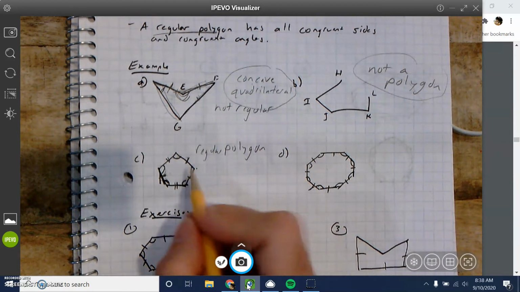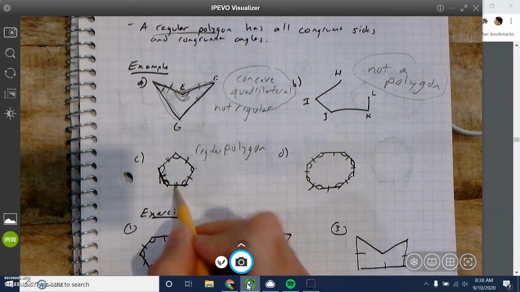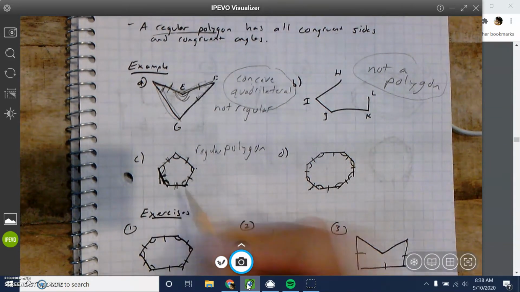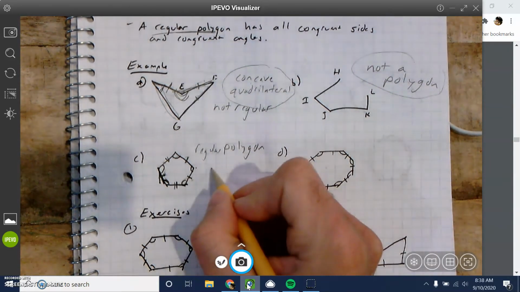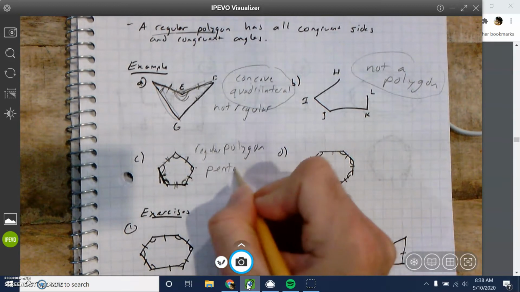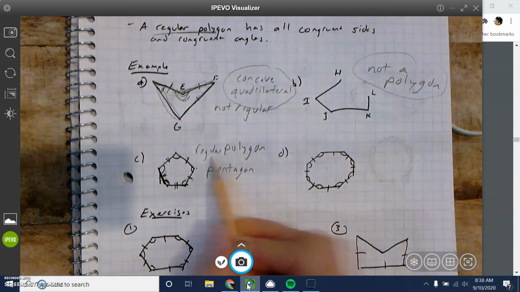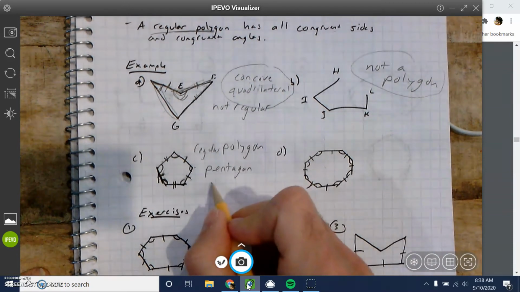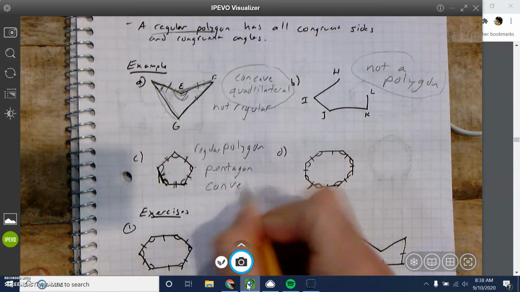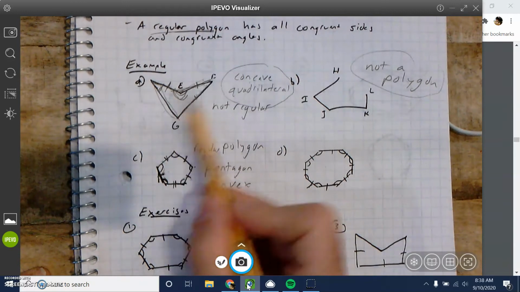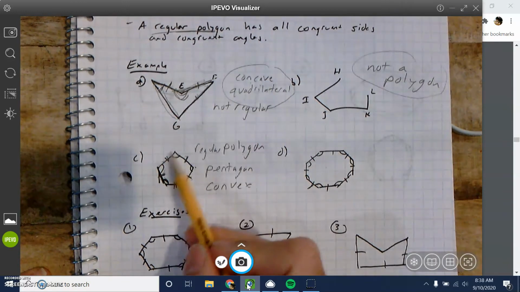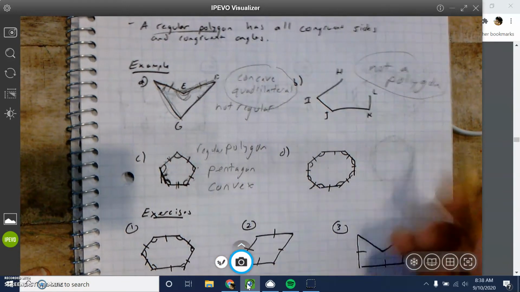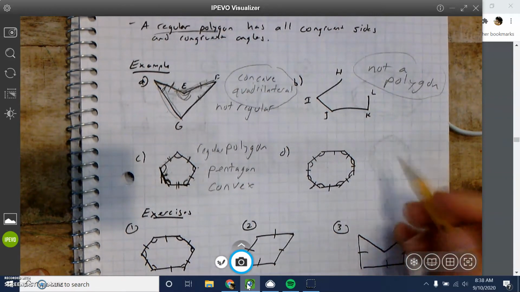What type of polygon is it? 1, 2, 3, 4, 5 sides. What's a 5-sided shape called? Yeah, it's called a pentagon. So it's a regular polygon, it's a pentagon. There's no cave to it, so this one's called convex. There's a cave to this one, so that was concave. This one is convex, since there's no cave to it. That's how I think about it.